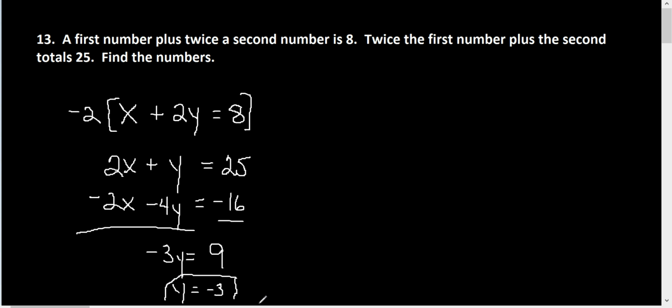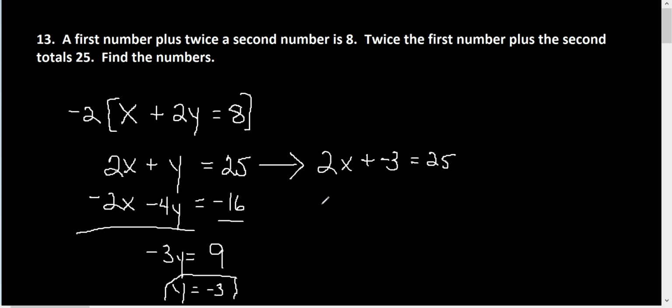So if y equals -3, I'll plug into the second equation and figure out what x is. I'm going to have 2x plus -3 equals 25.